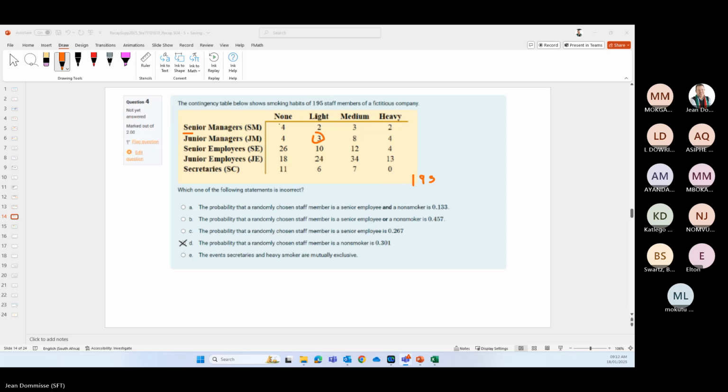They're basically asking us, what's the probability that at random you pick one of the staff members who is a senior employee and a non-smoker. There's only 4 of them.